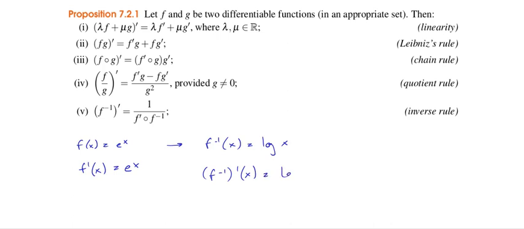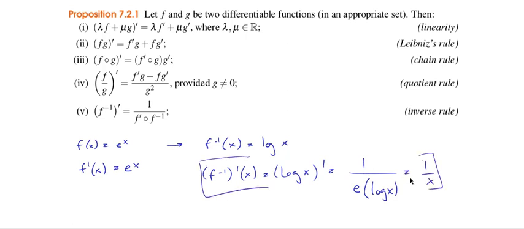The derivative of the logarithm is 1 over f prime, which is e^x, evaluated at f^-1. So it's 1 over e to the logarithm of x, and e to the logarithm of x is x. So the derivative of the logarithm is 1 over x.